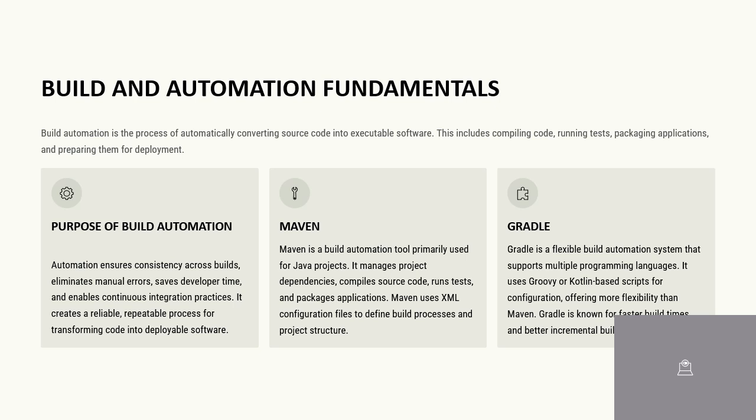Now we actually have two common build tools here. So you can see two names there, right? Maven and Gradle. Okay. So these are build tools. What is the difference? Maven will use XML configuration. We all know XML, right? Yeah, and it is widely used in projects which use Java.